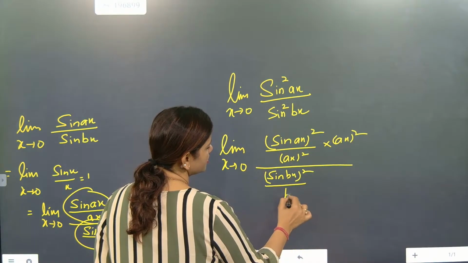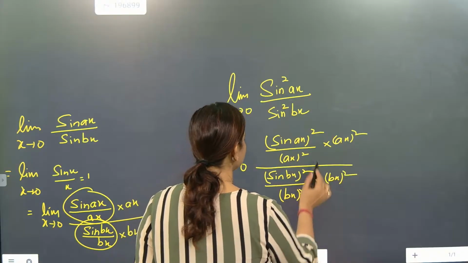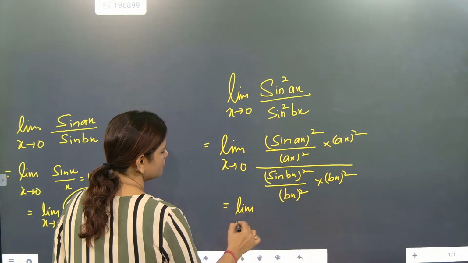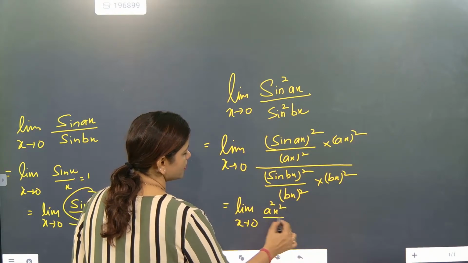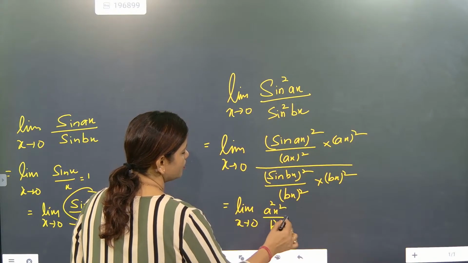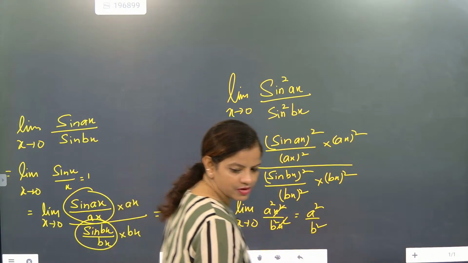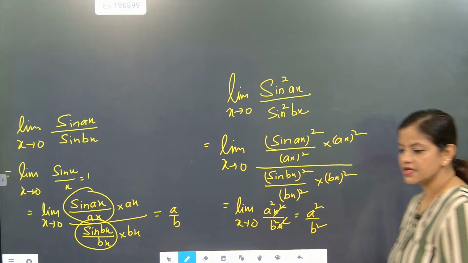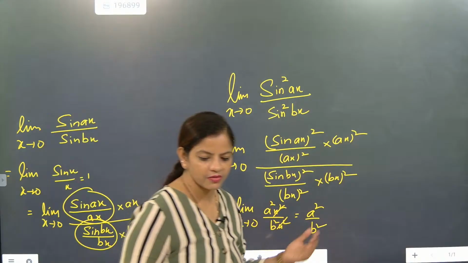So what we need? bx whole square into bx whole square. So this and this part will become 1. So limit x tends to 0, a square x square by b square x square. If you want to elaborate, otherwise directly the answer is coming as a square by b square. Absolutely correct. Yes, this is a simple answer, a square by b square.